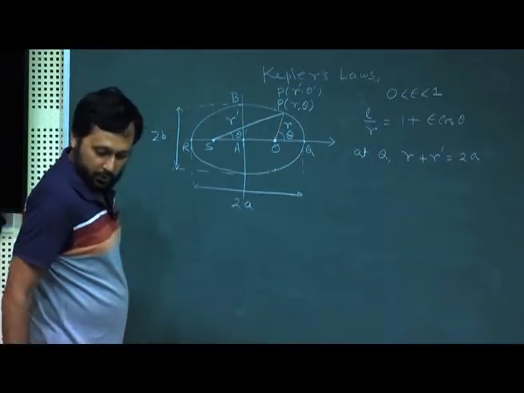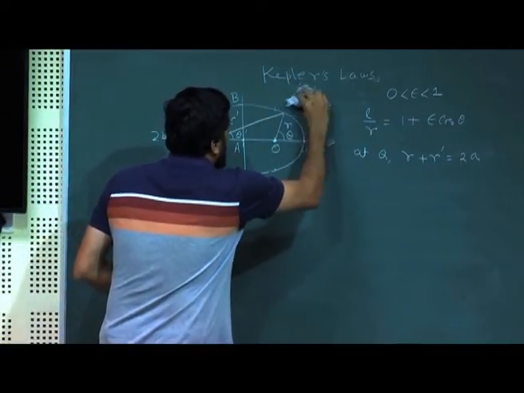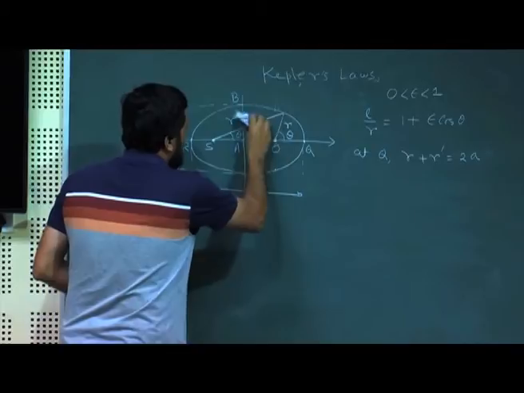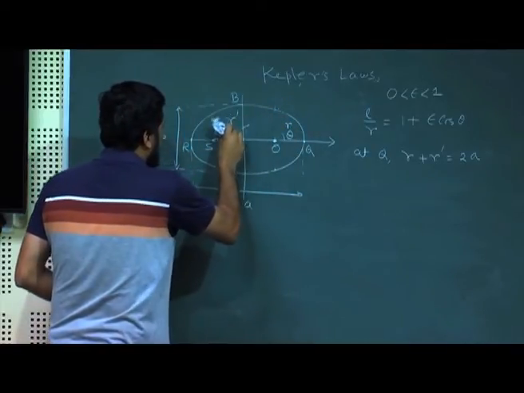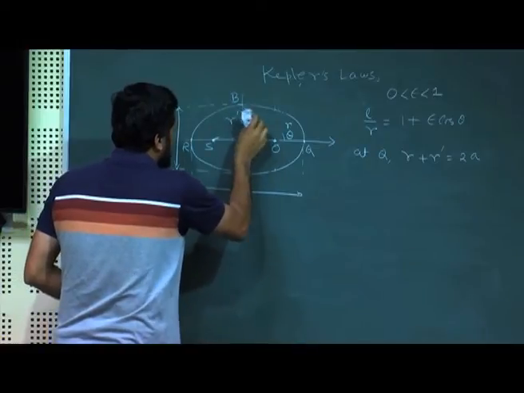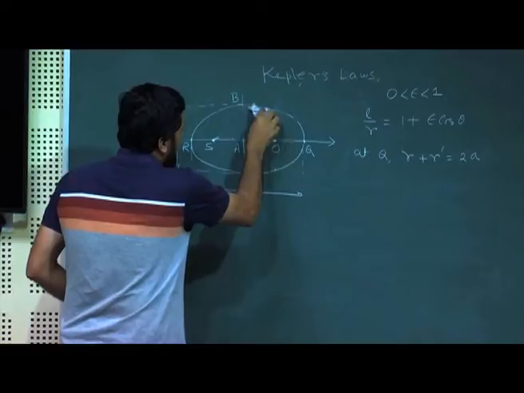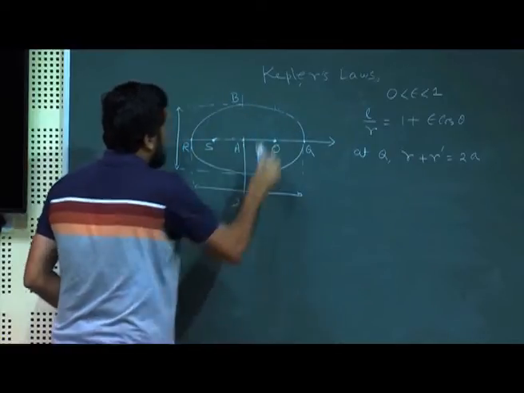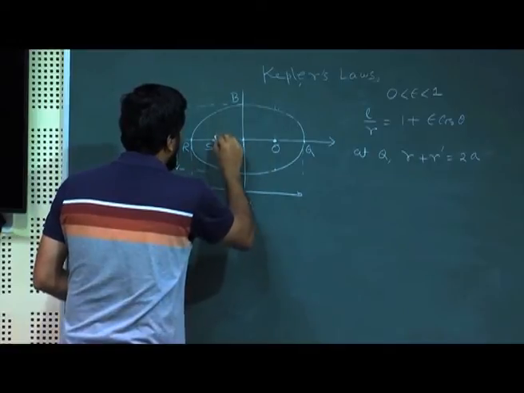Now, if we move to another point, just bear with me a bit more because it is a little complicated geometry involved here. So, we have to be very precise about it.